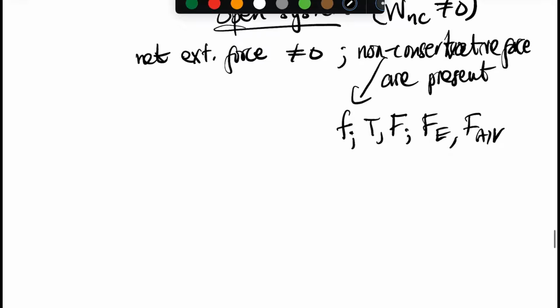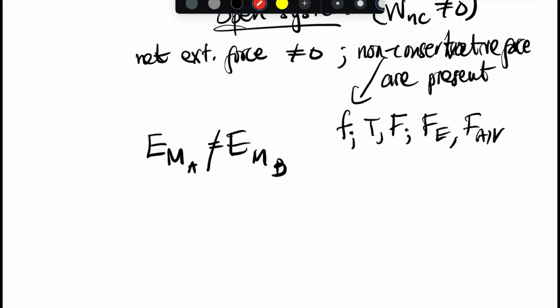Now, if the system is open and they say use the energy principle to calculate whatever, the final velocity or whatever they want to calculate, you cannot use the conservation of mechanical energy. You cannot. The mechanical energy is not conserved. So you cannot use this, guys. It's very important.